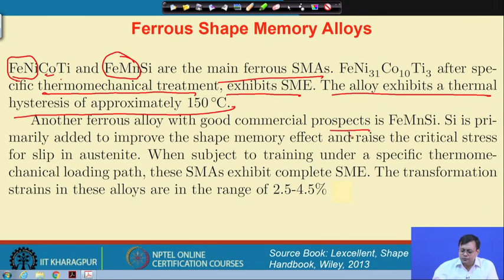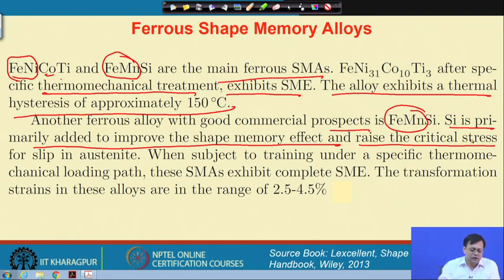Now, another ferrous alloy with good commercial prospect is basically this iron manganese system, where the silicon is primarily added to improve the shape memory effect, and it raises the critical stress for slip in the austenite.